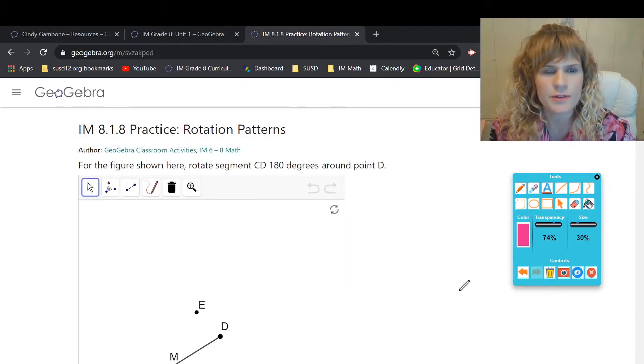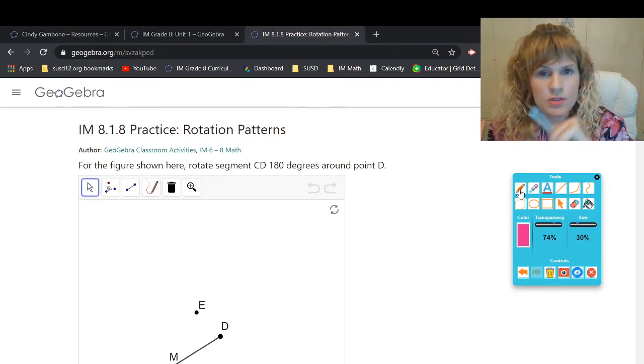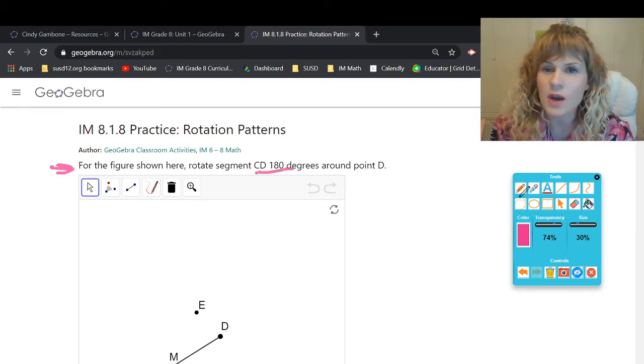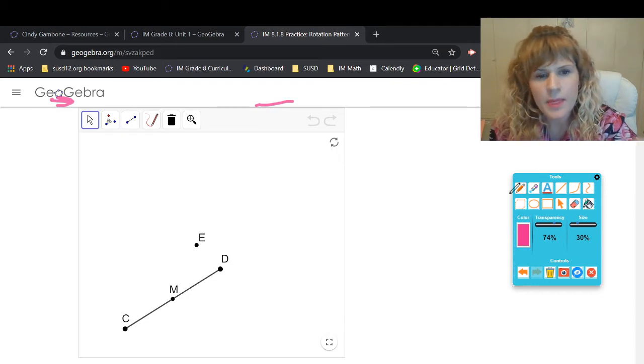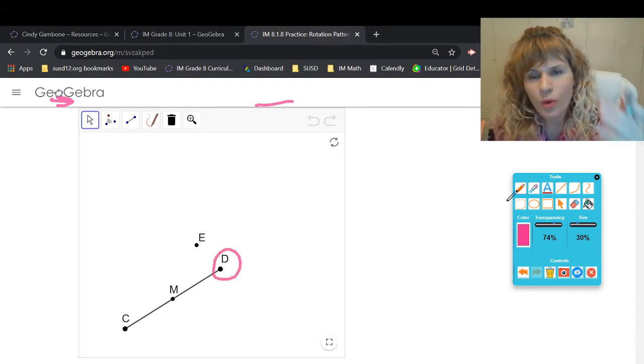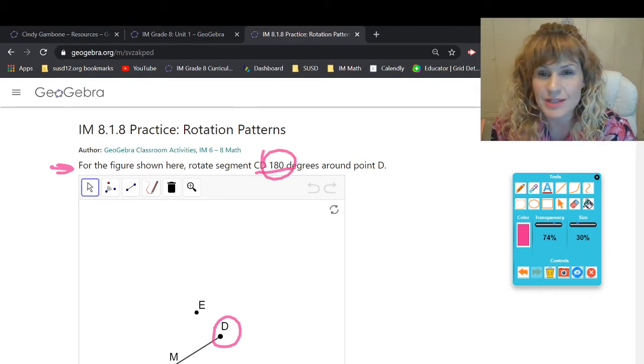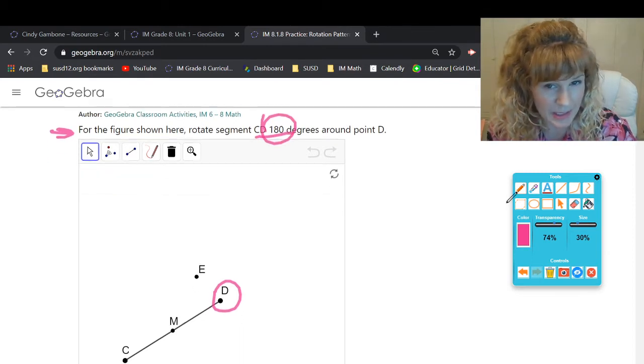Okay, look at the first problem. Read instructions carefully. It says, for the figure shown here, rotate segment CD 180 degrees around point D. Here's point D. What do you think will happen when you rotate 180 degrees around point D?